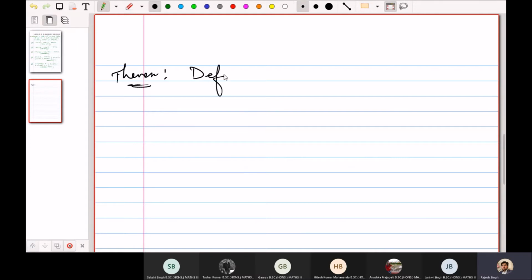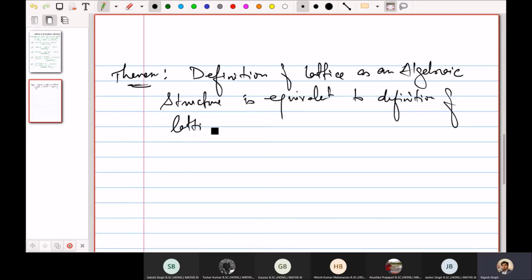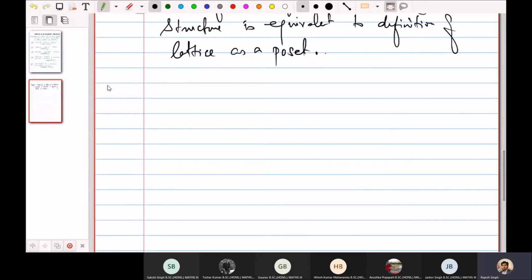The definition of lattice as an algebraic structure is equivalent to the definition of lattice as a poset. So the 2 definitions are equivalent.